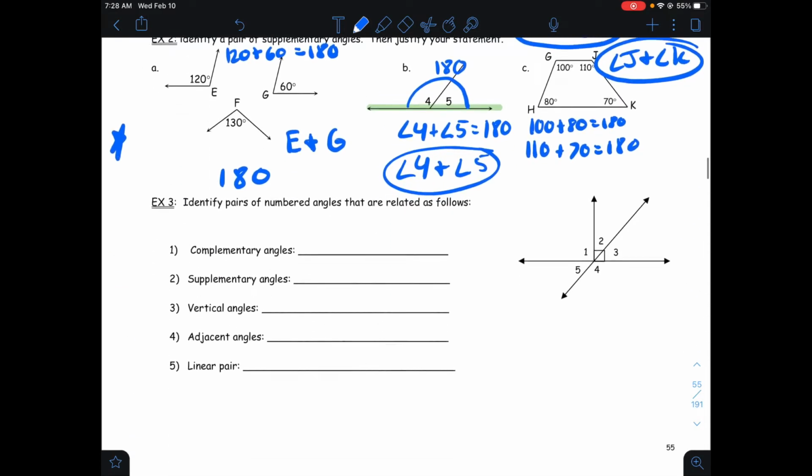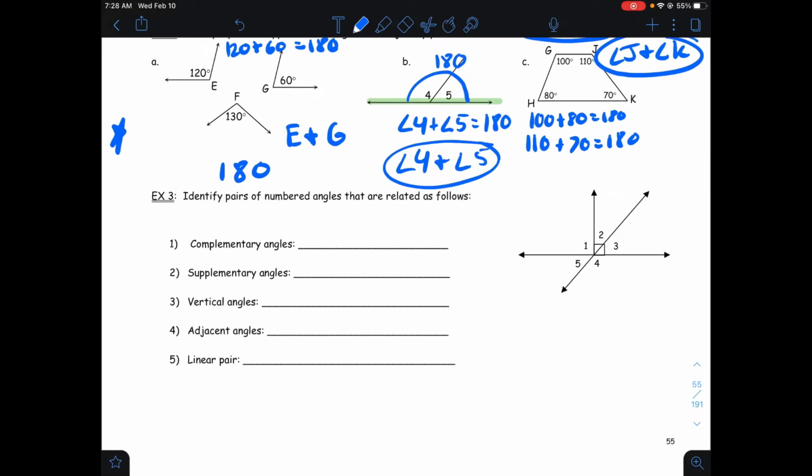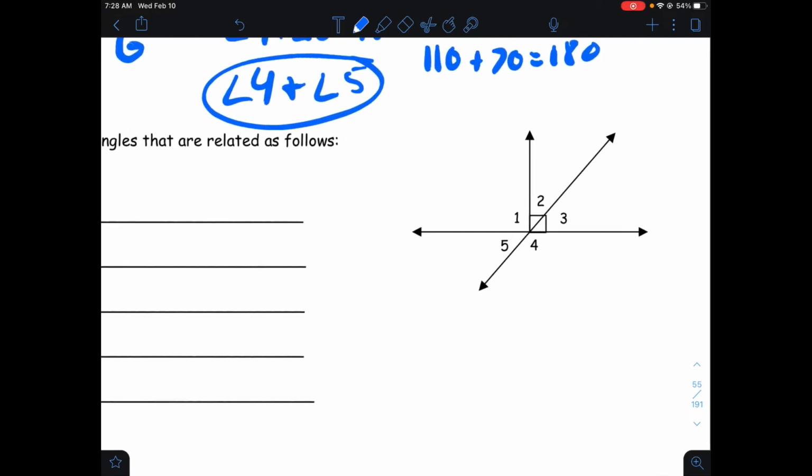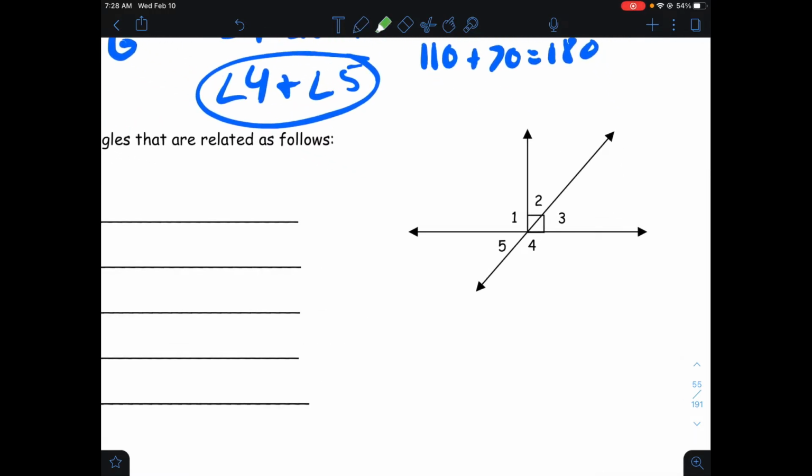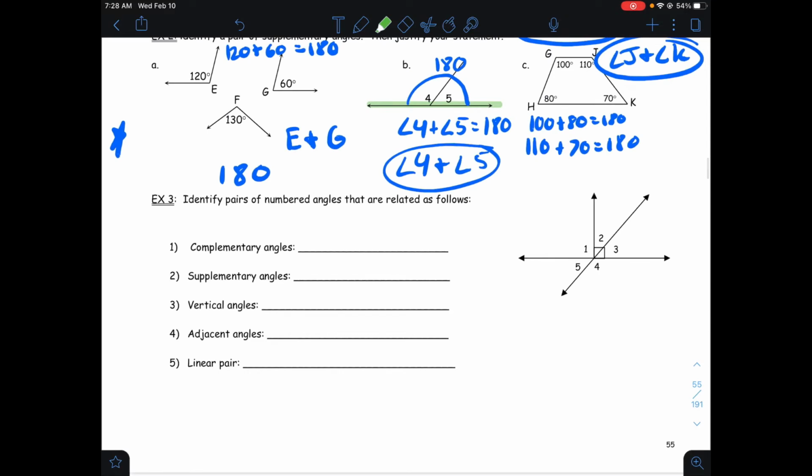All right. So now let's go through example 3. It says identify pairs of numbered angles that are related as follows. So complementary angles. Remember, complementary angles need to add up to 90. First off, I want to point out, notice how none of these angles have any numbers.